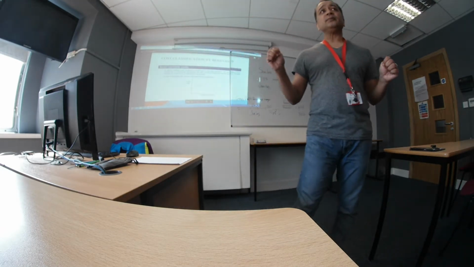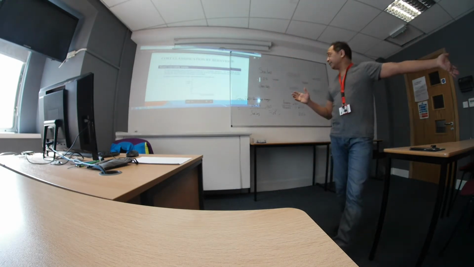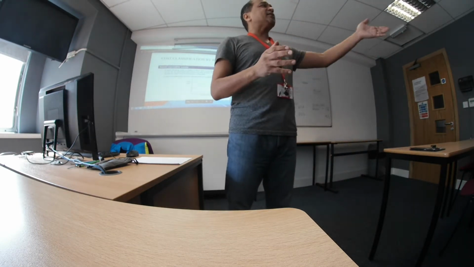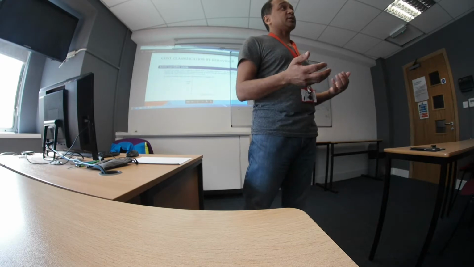Who wants to give me one example? If we take this group here, how much sales would you have? £10,000. And what's your cost of sales? £4,000. What's your gross profit? 6,000.